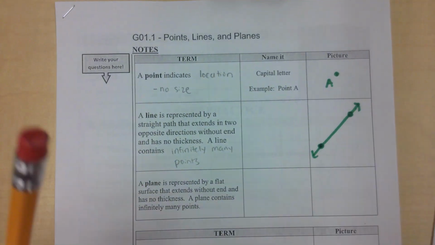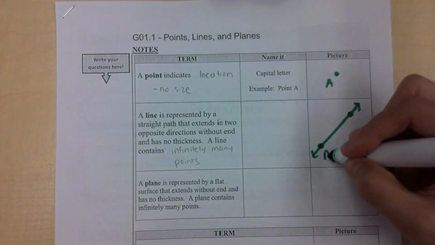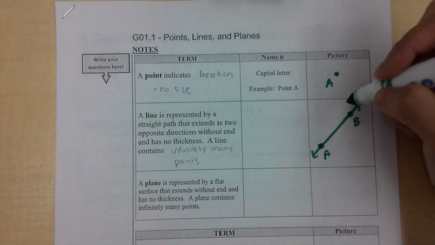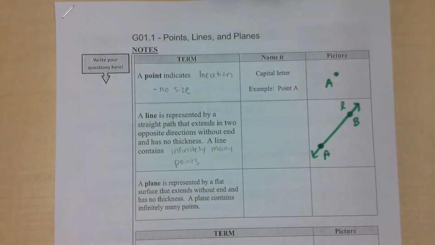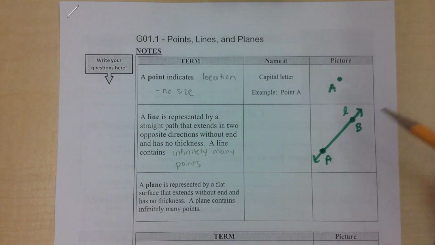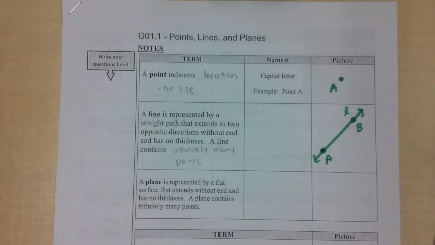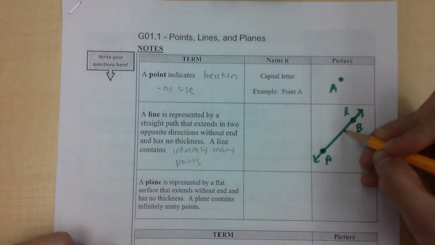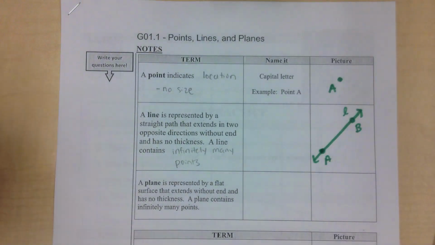So that's what those arrows are. We're going to label point A and point B. We have a little cursive L. So if you think, infinitely many points on this line, even though I only labeled A and B, there's still infinite points in between there. I didn't label them, but they exist, right? There's a point there and there and there and there and there.